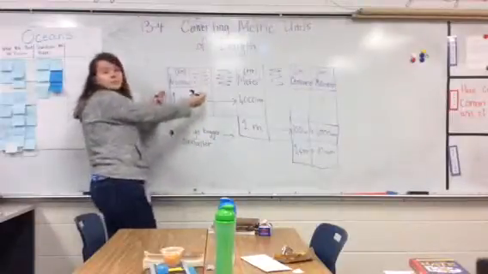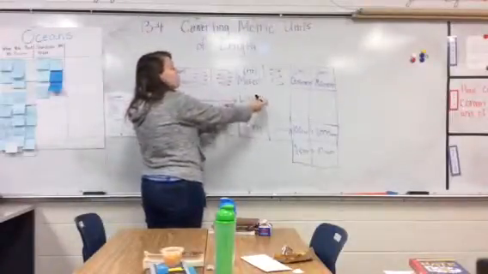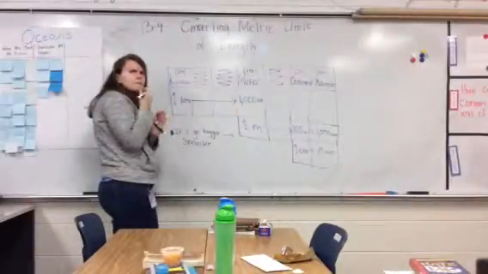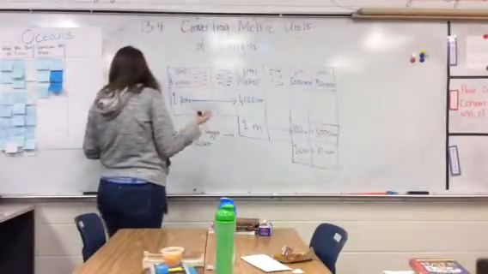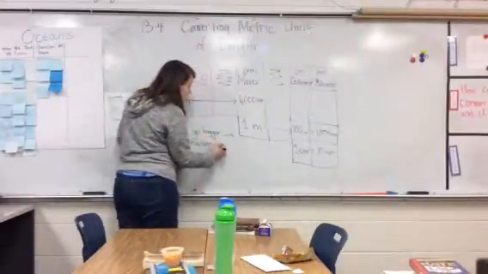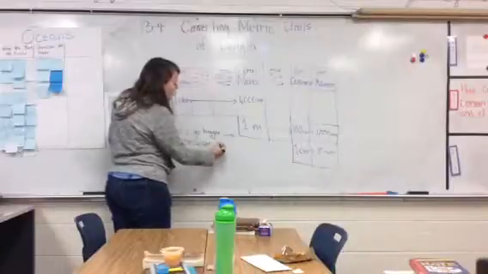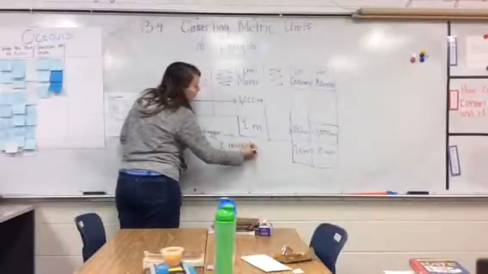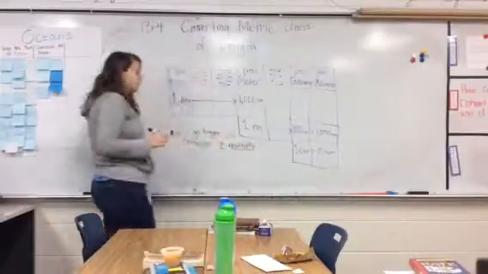and if you look right here, here's bigger, and we're going to a smaller unit, divide or multiply? You got it. We are going to multiply. If I go bigger to smaller, I multiply.